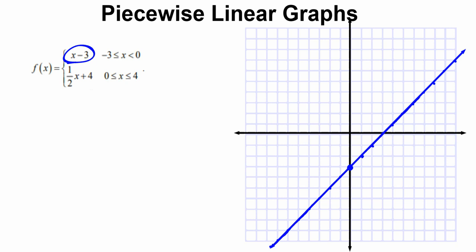Now I've got to plot the second piece. So let's focus on the second piece here, 1 half x plus 4. So it has a y-intercept of 4, which is here. It has a slope of 1 half, so up 1 and over 2.